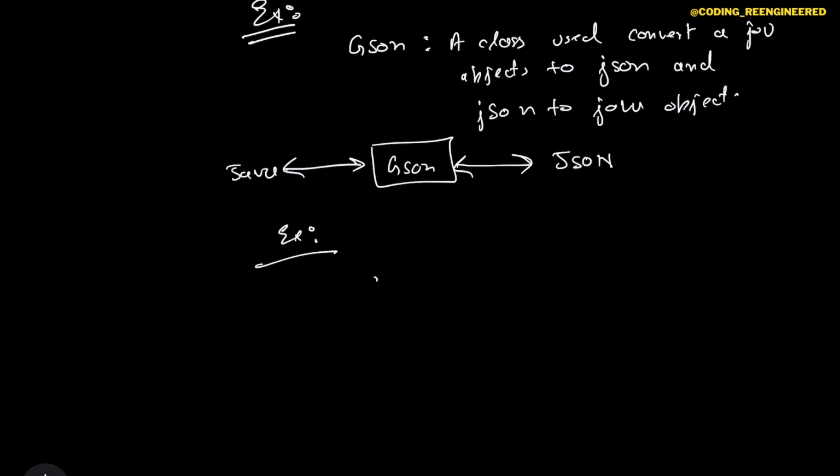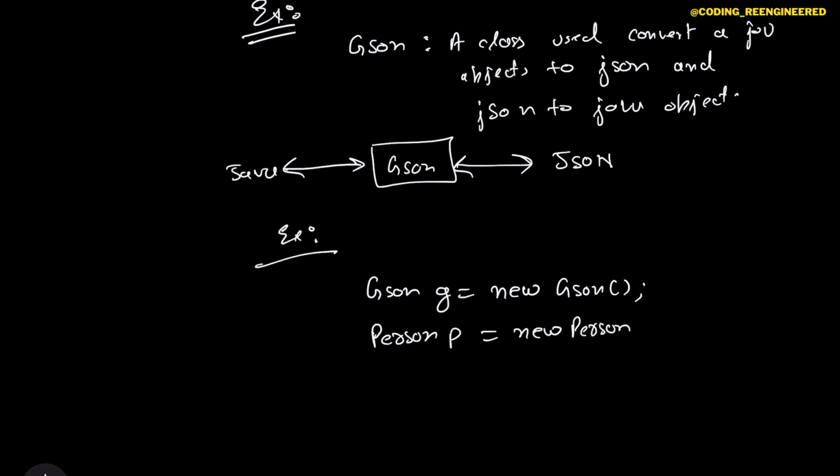Let's create an object of JSON, g equals new JSON. And let's say we already have a class existing, Person p equals new Person. I'm considering that this particular Person class has its own getter and setter methods developed. It consists of one of the parameters, age. I'm passing the value 25 to the age, and one more parameter, name.